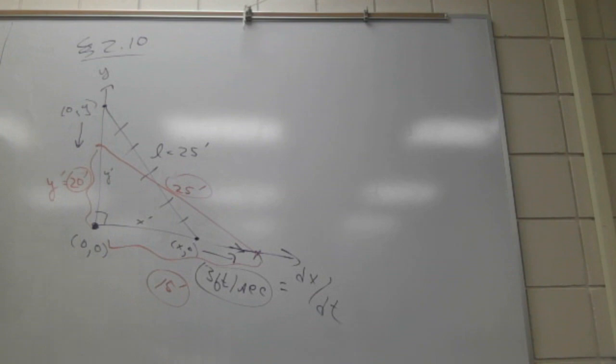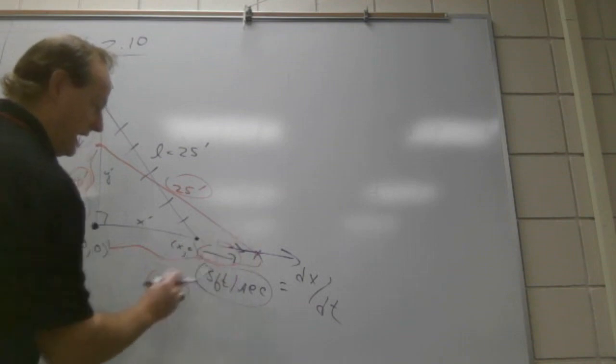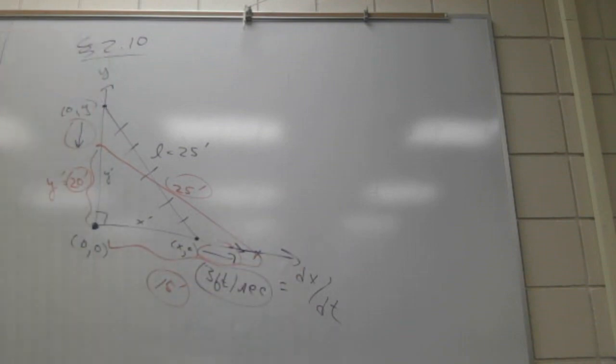But what are we looking for? What's the question? It says, how fast is it sliding down the wall? So that's this arrow, right? And what do we represent that arrow with? If this arrow to the right was dx/dt, what's this arrow going down? dy/dt.